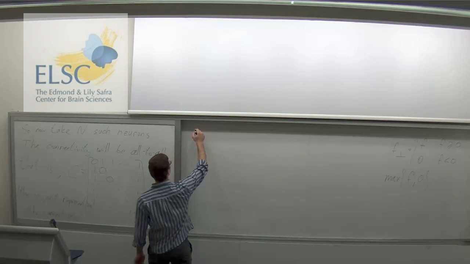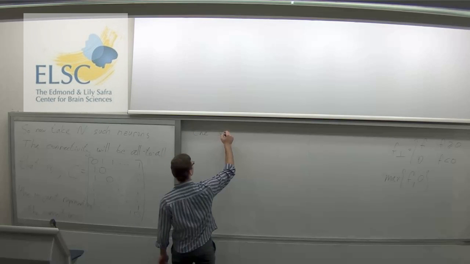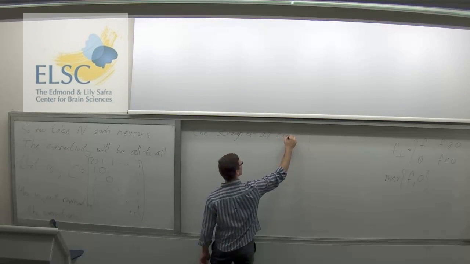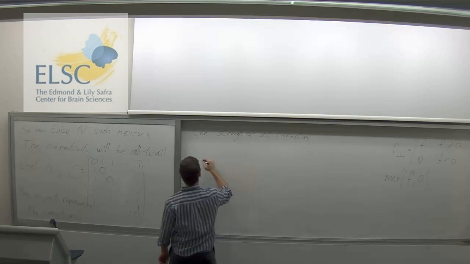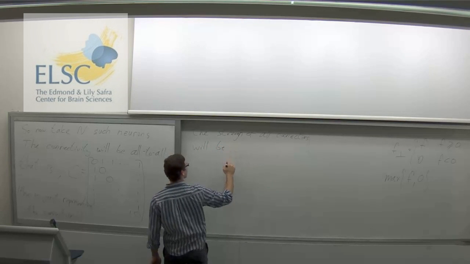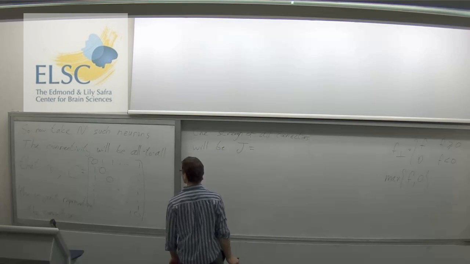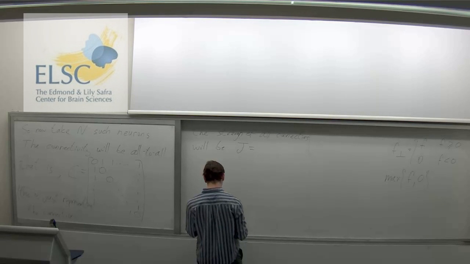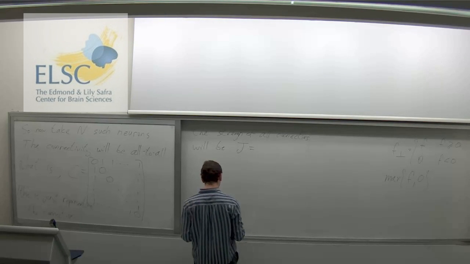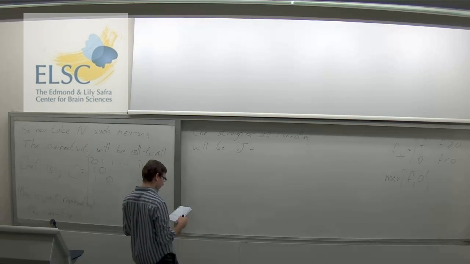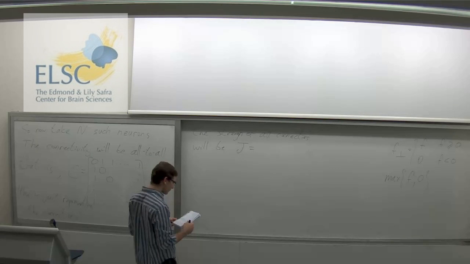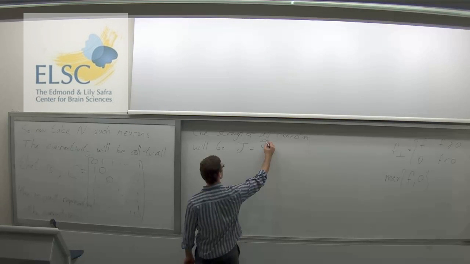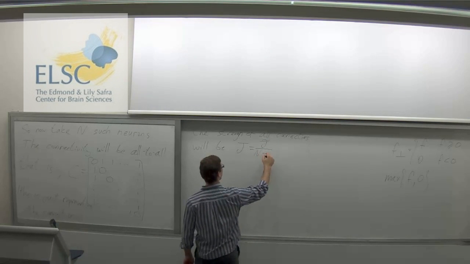So the strength of all connections will be, we call it J, and it's going to be J tilde over N minus 1.